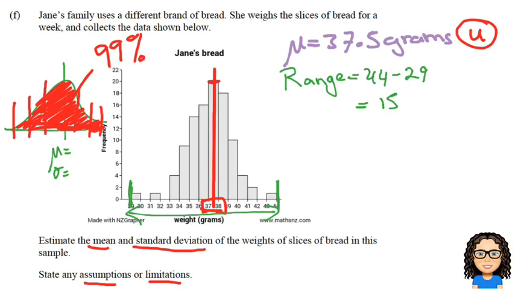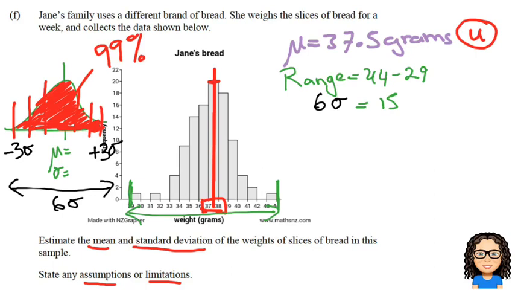So if I go up by 3 standard deviations and down by 3 standard deviations from the mean, that gives me a total distance of 6 standard deviations. So our range of 15 is equivalent to 6 standard deviations around the mean.